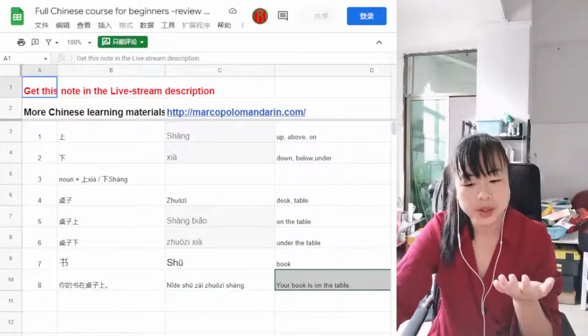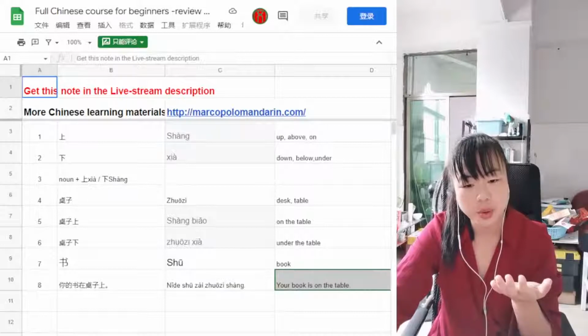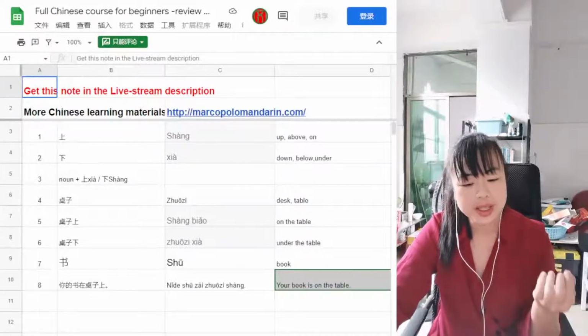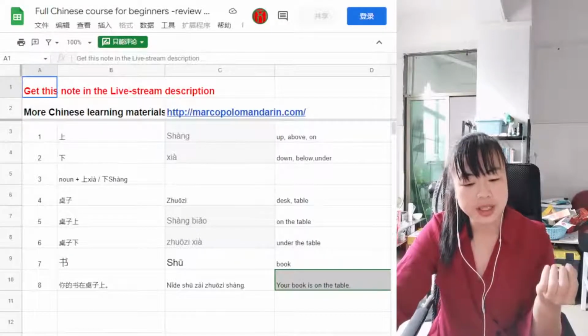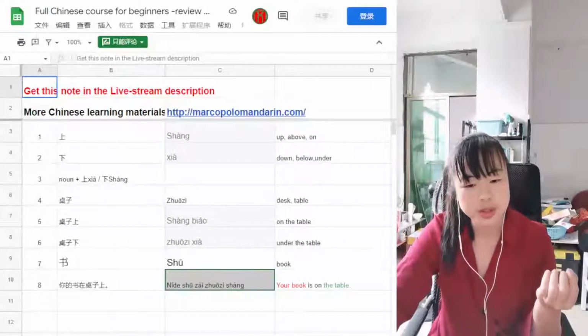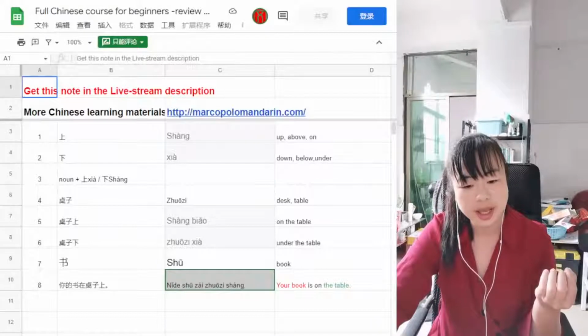So your book we mark as red, and the table we mark as green. Where is your book in the Chinese sentence? 你的书, right? 你的书 we also mark as red. And then 桌子 we mark as green.